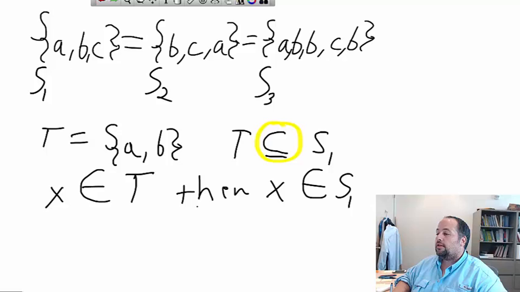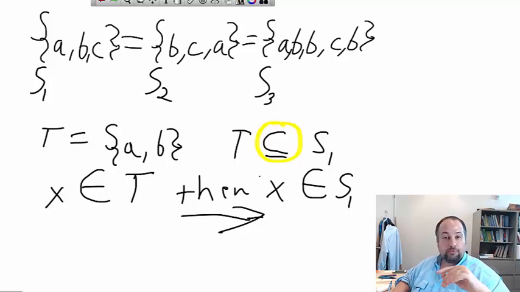And this then symbol is really implication. Depending on which chapters you've done in which order, you might not have seen implication yet, but that comes up a lot when we talk about predicate logic and propositional logic. So if X exists inside T, then X exists inside S1. That's what we mean when we say T is a subset of S1.